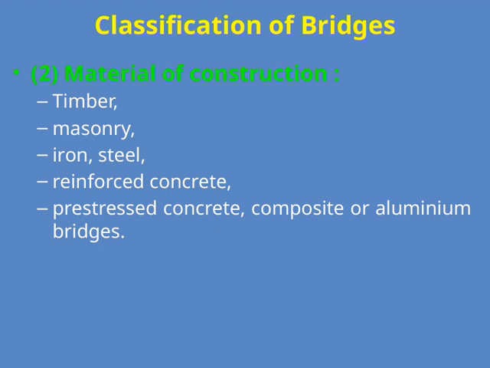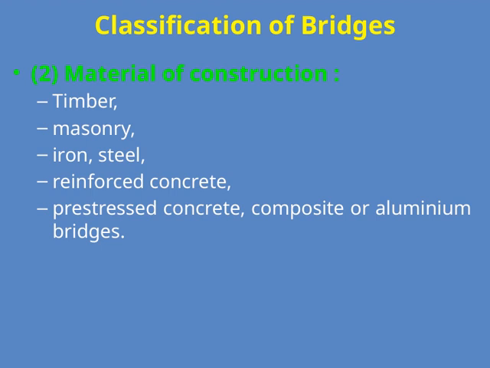Moving forward, masonry, such as stone or brick, was also common historically, especially for arch bridges, providing good compressive strength. As technology advanced, iron and steel became popular choices, offering much higher tensile strength and allowing for longer spans and more complex designs. These materials revolutionized bridge engineering, making it possible to build taller, stronger, and more durable structures.